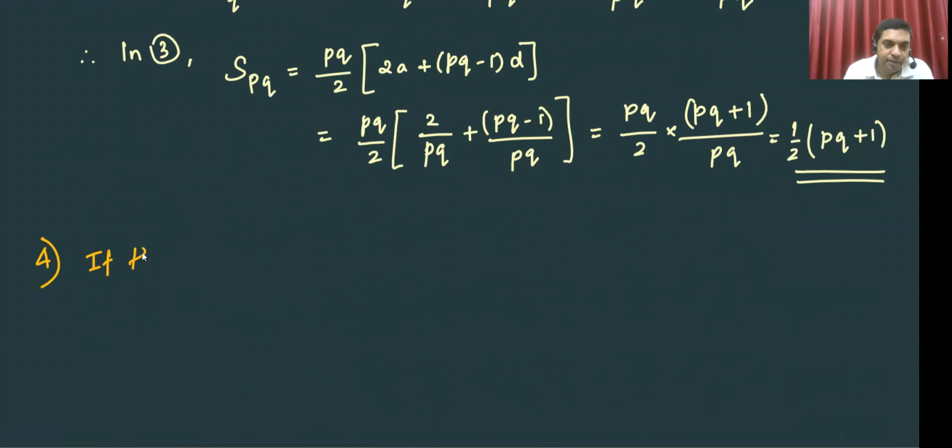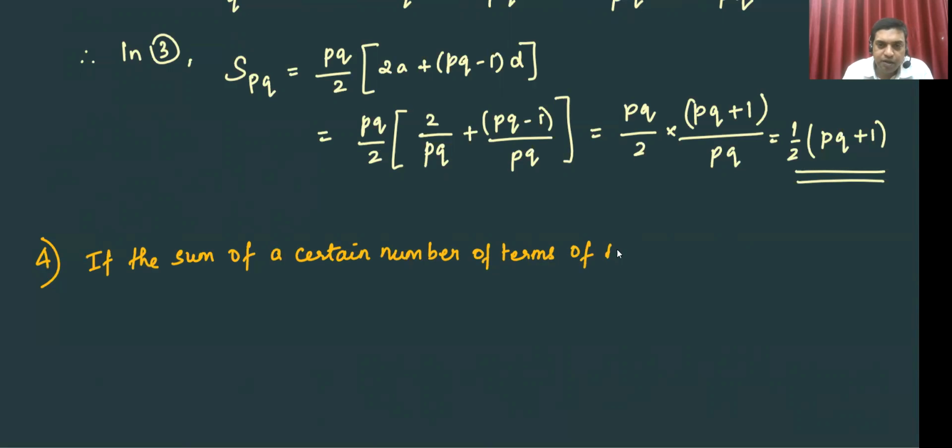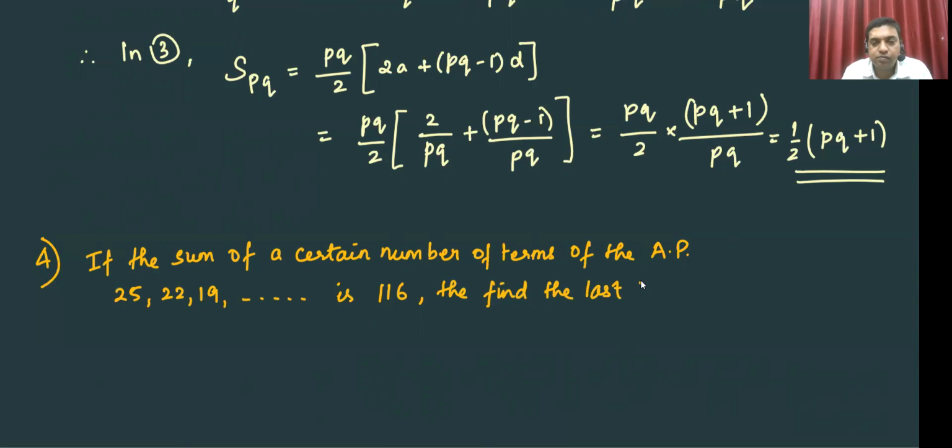If the sum of a certain number of terms of the AP 25, 22, 19, and so on is 116, then find the last term.